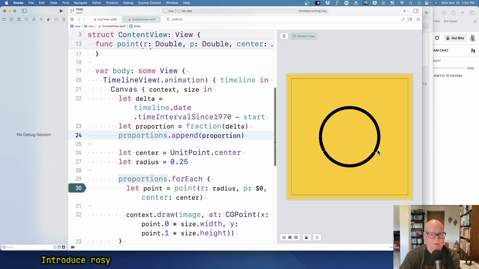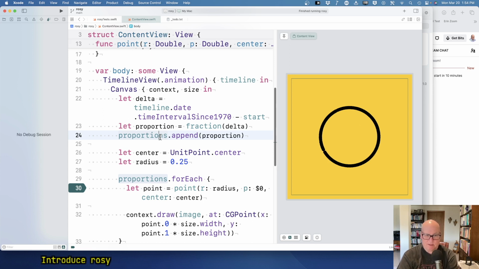Basically, we're taking the seconds, whatever fraction of a second this thing gives us, and we're letting them control the circle.